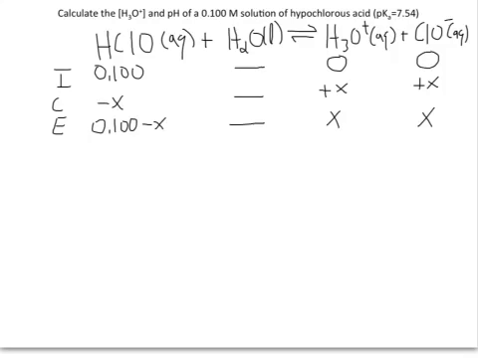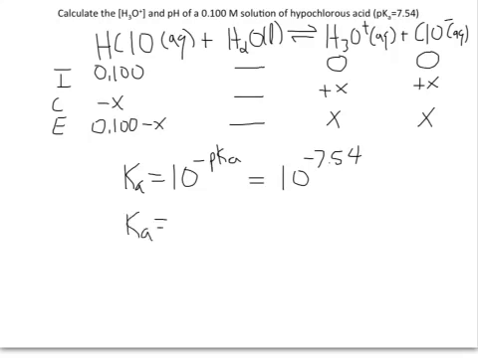Remember, the Ka is 10 to the negative pKa, or in this case, 10 to the negative 7.54. So our acid dissociation constant is 2.88 times 10 to the minus 8.